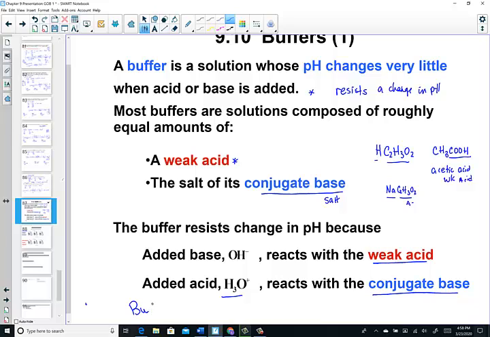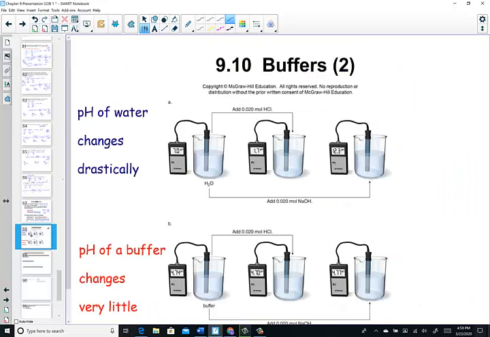So a buffered solution really is a team of chemicals that react with either an acid or a base to neutralize it. So if I have a team of chemicals, one of them being an acid, the other being a base, I'm equipped to neutralize either an acid or a base to help resist a change in pH.